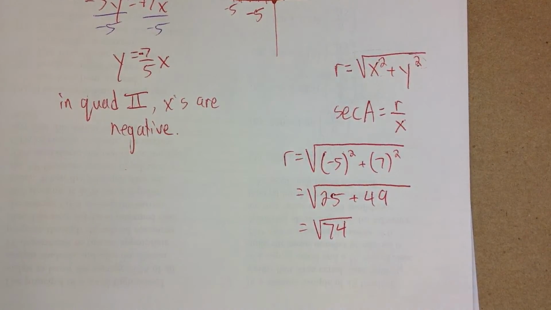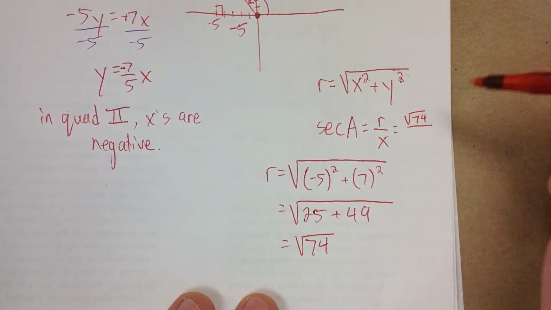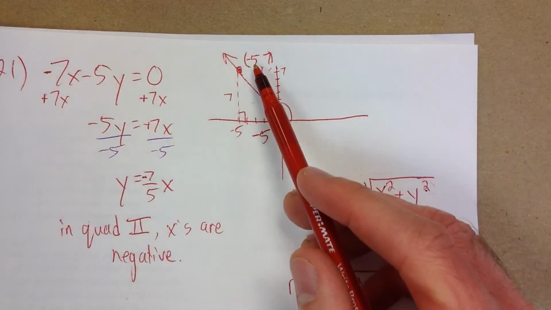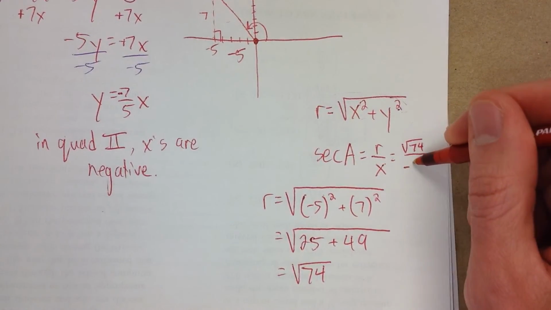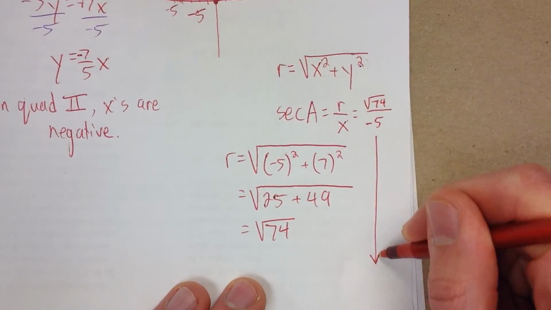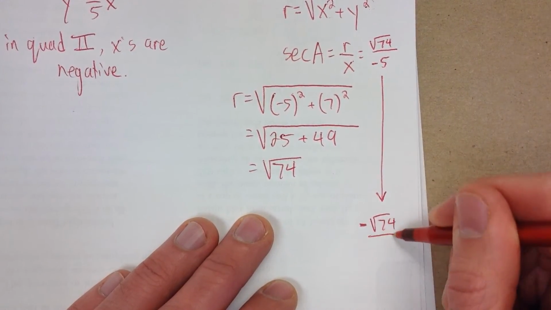You cannot. Now we have all the pieces of the puzzle. R is root 74. My favorite highway. Just kidding. And the x is -5. I don't want to go to bed without dinner, so I'll follow the rules of etiquette. Negative root 74 over 5.